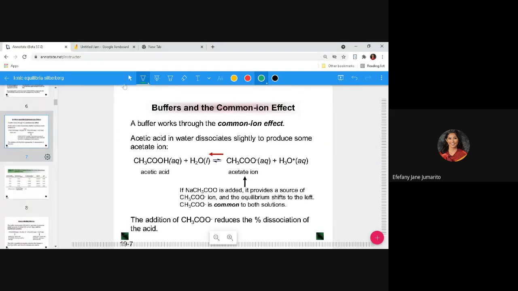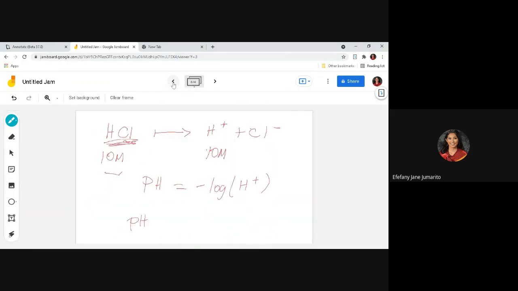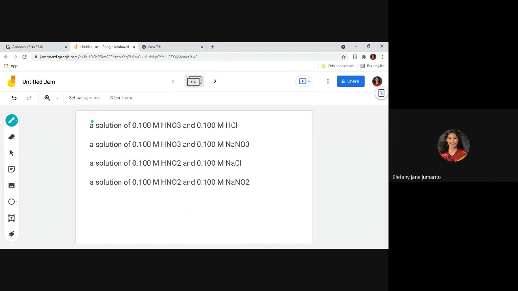All right. Now, number 1: determine if it is a buffer solution or not.